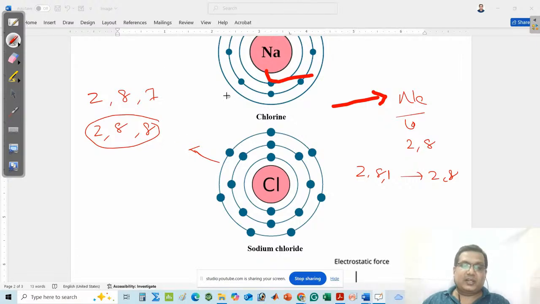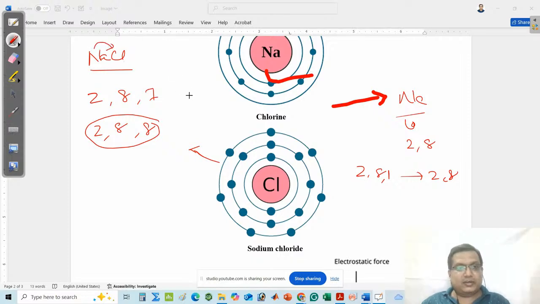Suppose here, look at that. Here sodium has an extra electron, but chlorine has a deficiency of one electron. So if you combine sodium and chlorine, then what happens? NaCl will form, and in that case, sodium loses one electron to chlorine.